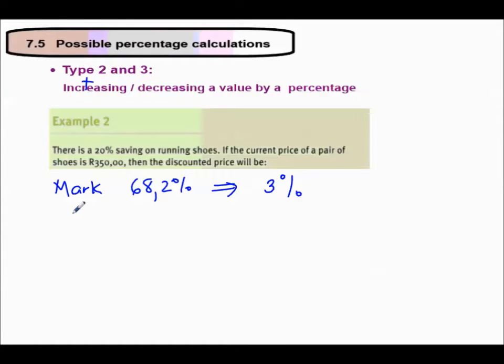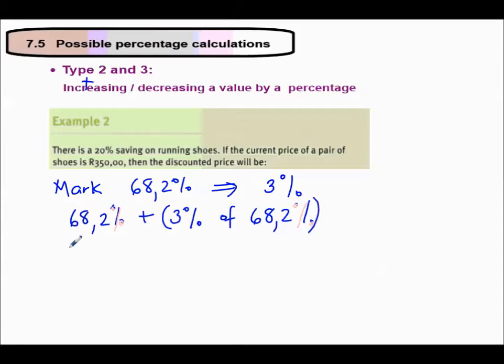So I'm going to have 68.2% plus 3% of the original mark, which was 68.2%. Right, these once again, that is a unit and this is a unit.